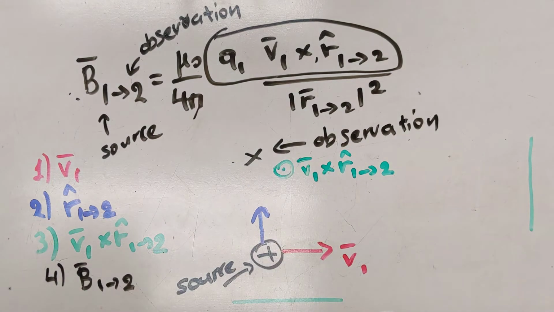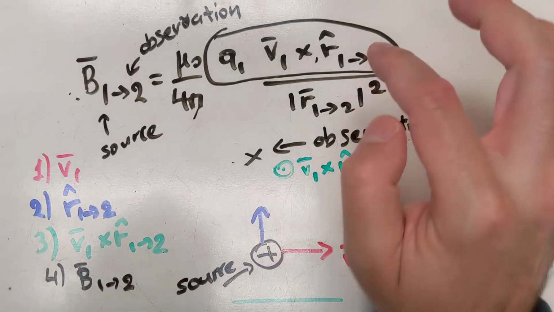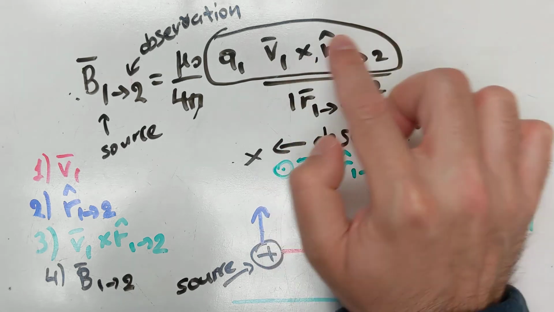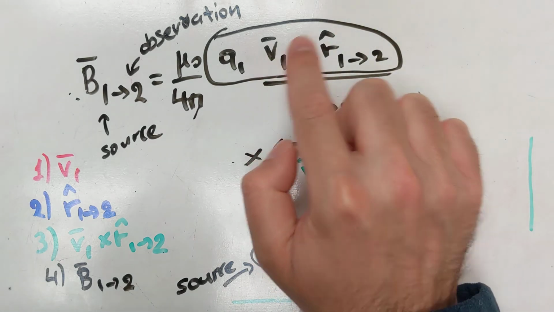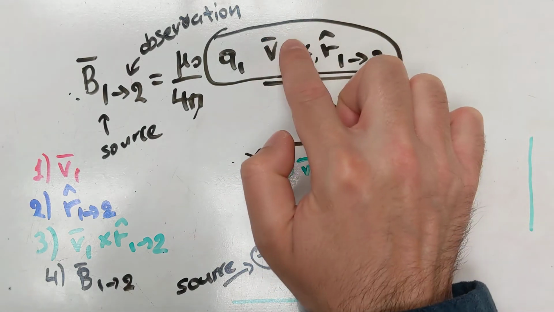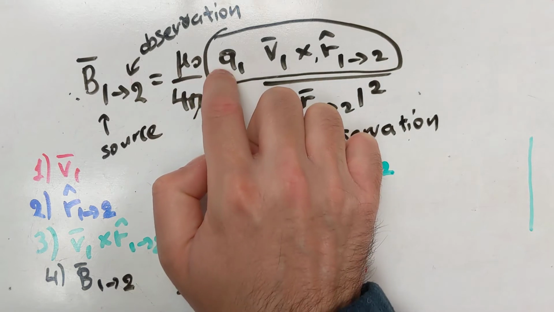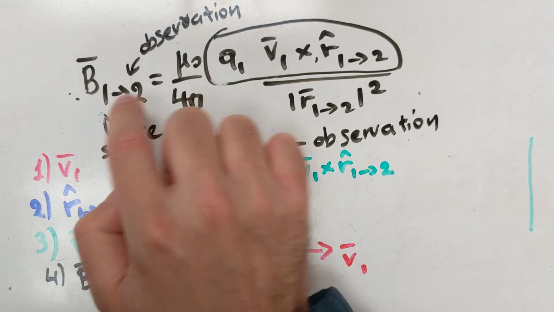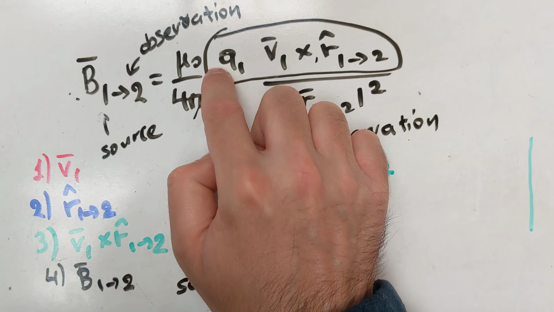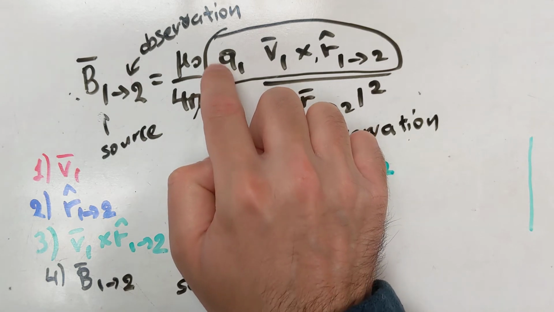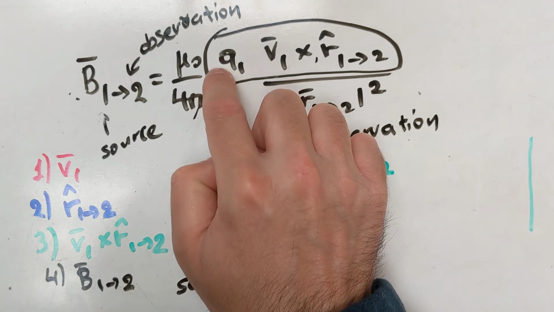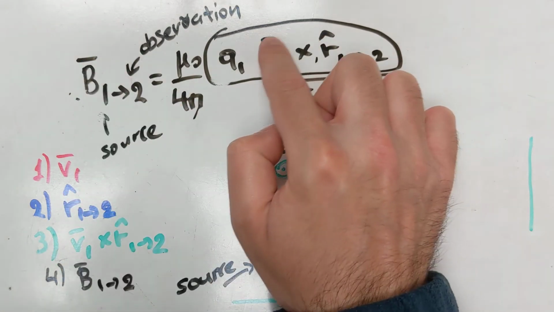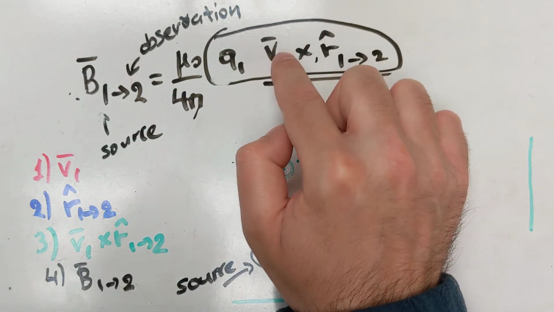Now, the last step is to find the direction of B. Okay, let's summarize what I have so far. I found V1, I found this, I found the cross product. The last thing I need to do in order to find the direction of B is to take into account the charge Q1. If Q1 is a positive number, then this vector and this vector point in the same direction.